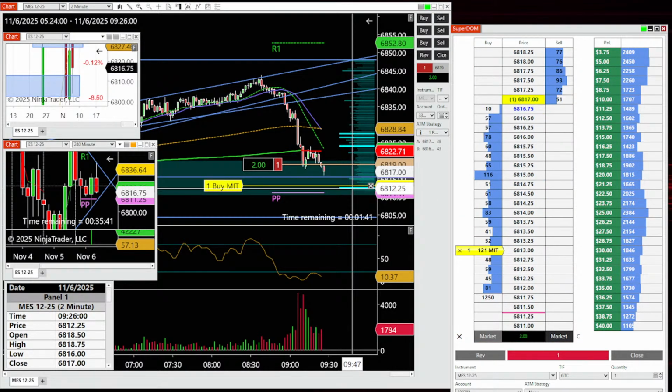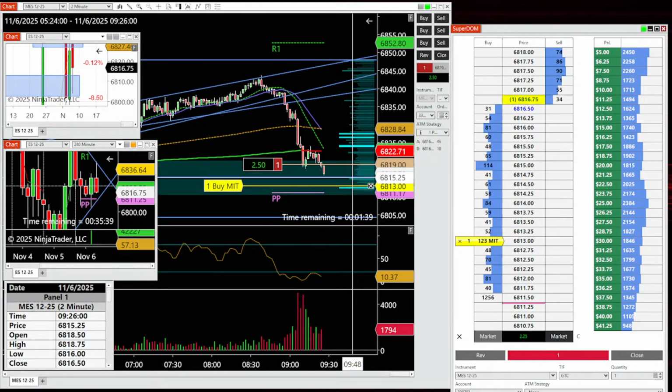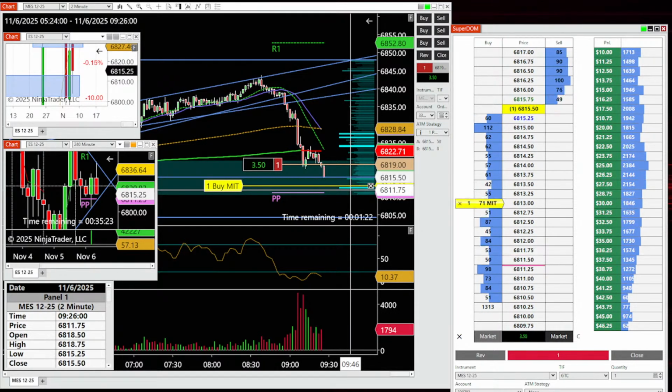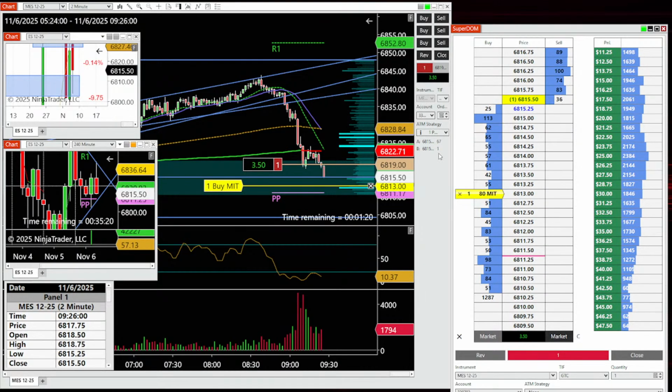We got something here, a trend line here. See if we get, no. Okay, we got some support here.